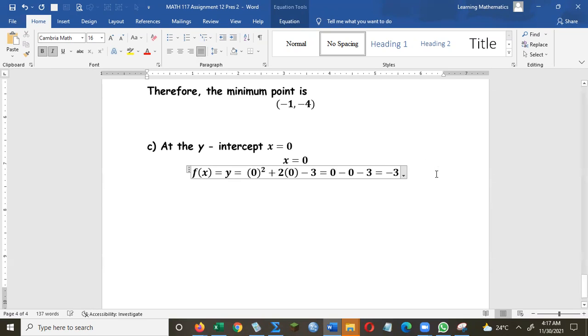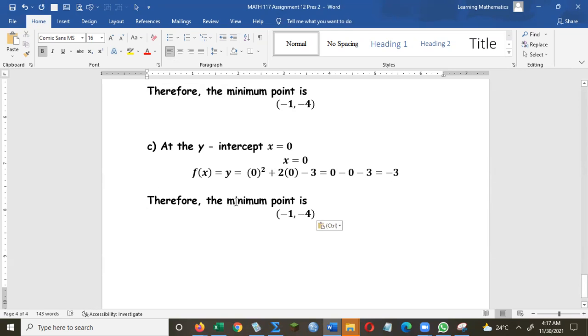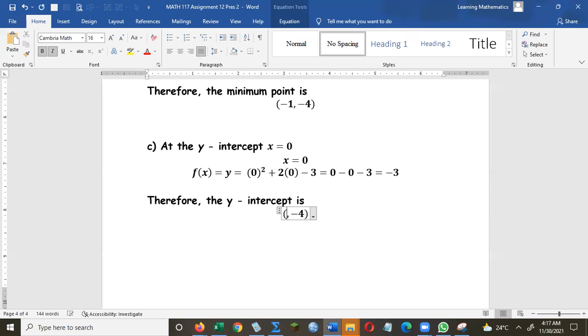All right, so according to this calculation, therefore the y-intercept is (0, -3), because at the y-intercept x is equal to 0. So that's one way of finding the y-intercept, by substituting 0 for x in the function.